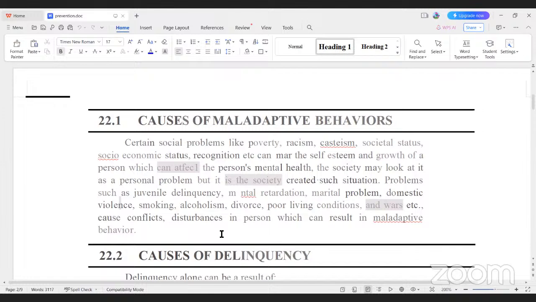Social status is different and socio-economic status is different. And recognition, etc. can mar the self-esteem and growth of a person, which can affect the person's mental health.